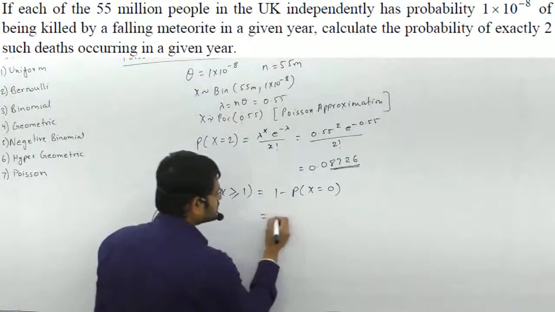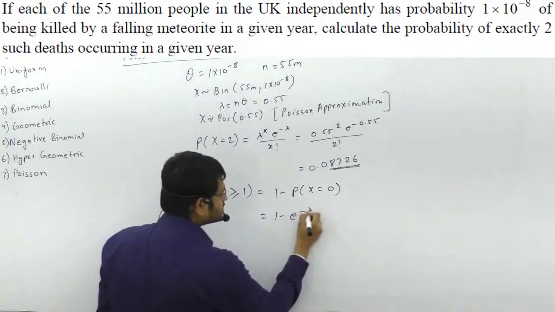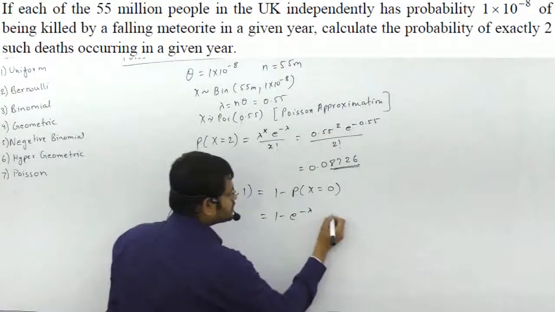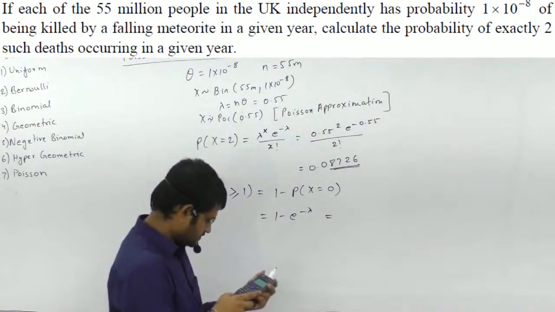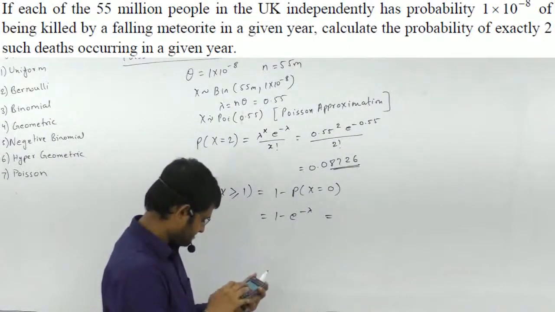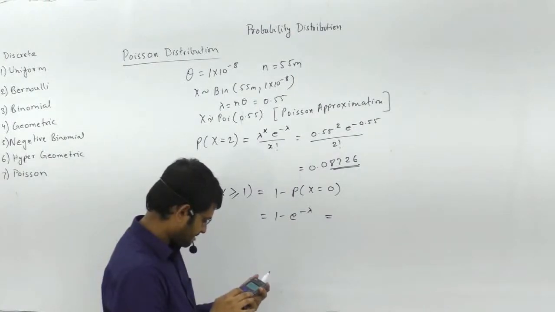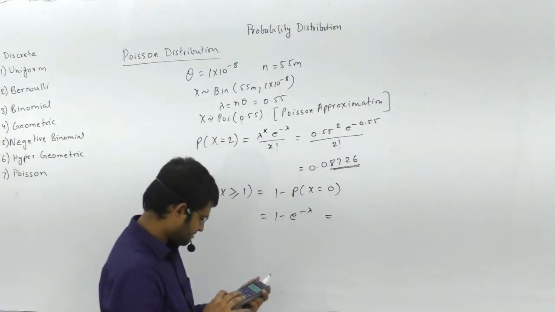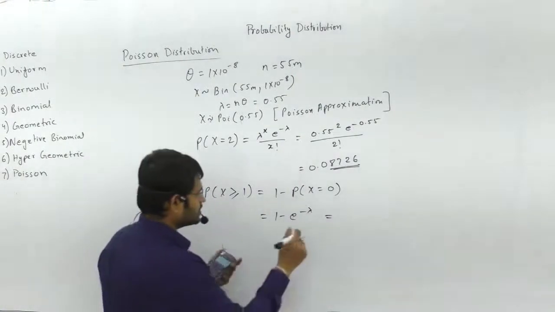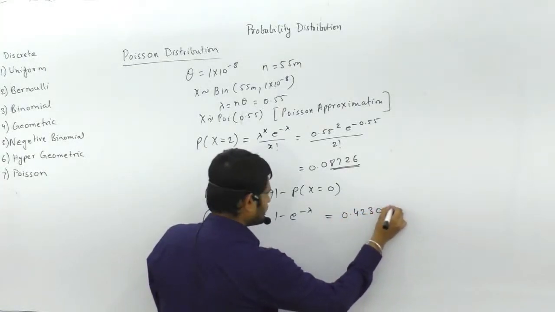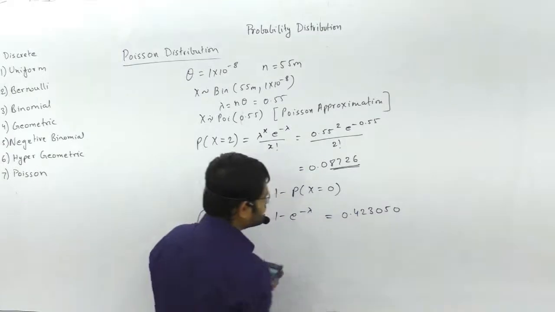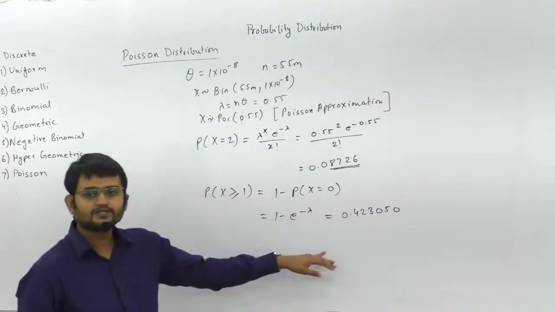So for that it is going to be 1 minus e raised to minus lambda. That is going to be nothing but 0.423050.